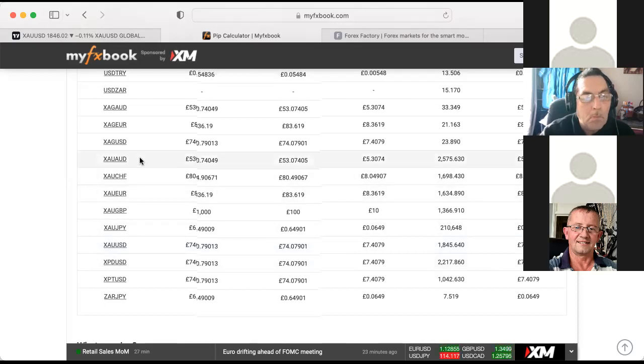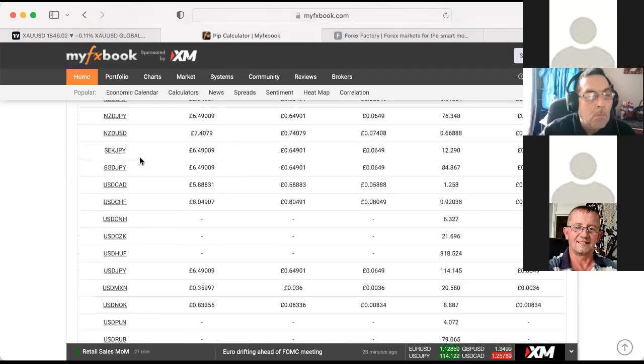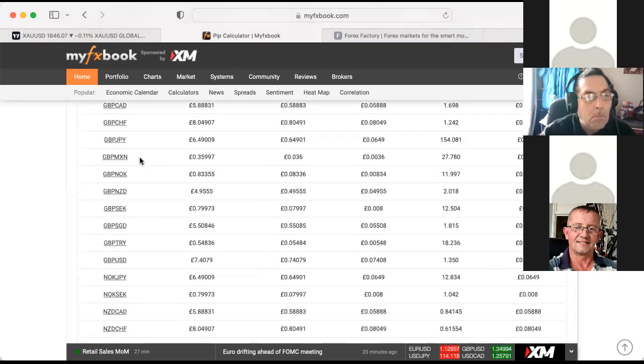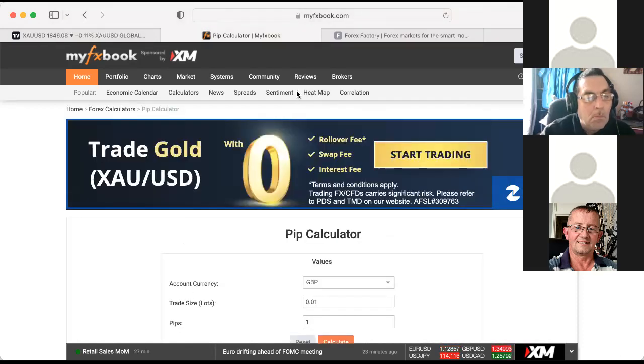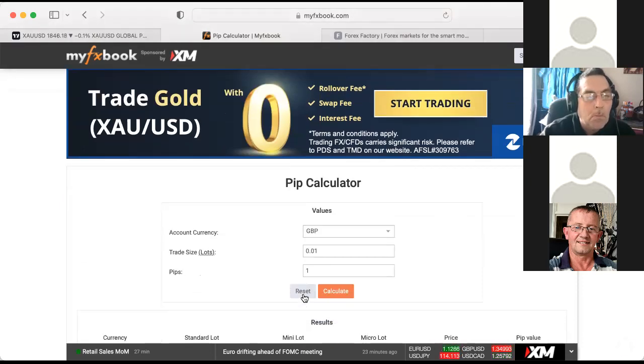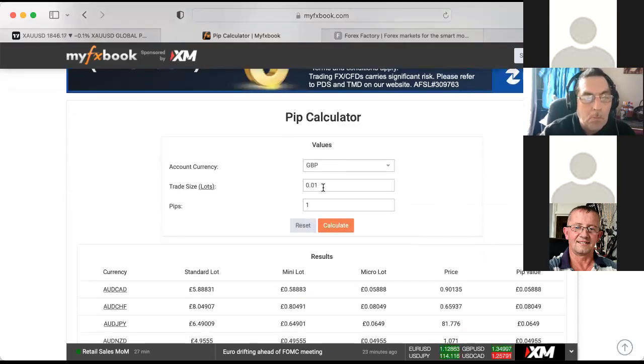And as you can see, you've got all the Forex pairs there as well, so you can do a similar calculation. The difference will be, as I say, with gold, you have to change from a lot size of 1 to a lot size of 0.01. I've never worked out why, but it works every time. So change your lot size to 0.01.